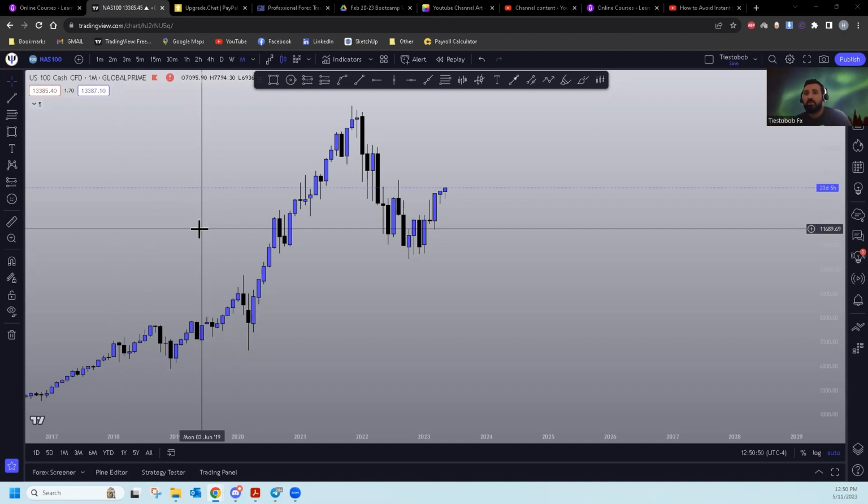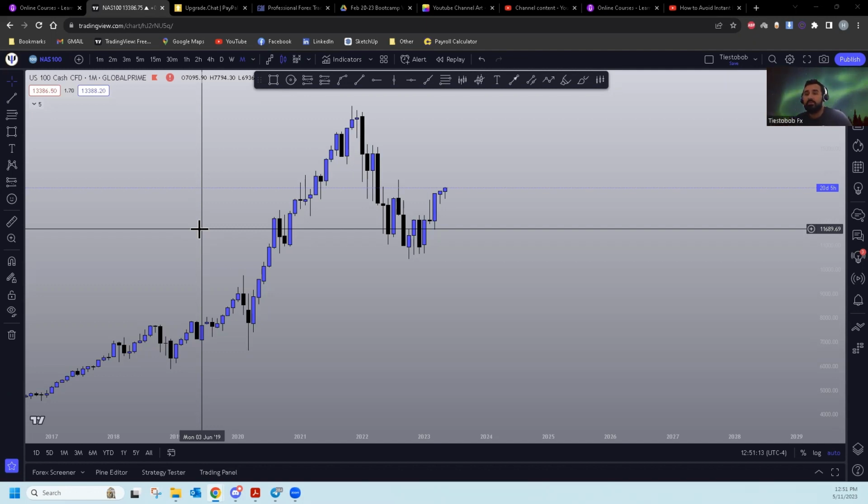You want to know what's going on in the larger picture, because too many times you're on the hourly chart or the 30-minute or even the 2-hour. You don't know what's going on in the higher picture, right? You see a bullish breakout on the lower time frame, you think it's going to continue that way, and then all of a sudden your stop is triggered or you're surprised by it.